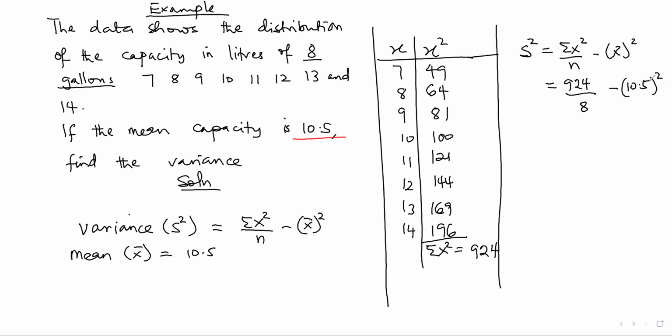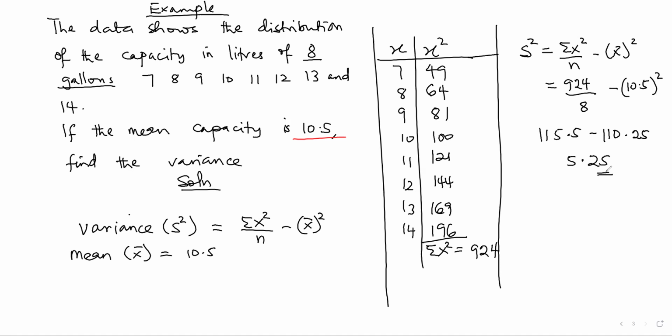So 924 divided by 8 gives us 115.5, minus 10.5 squared, which is 110.25. When you subtract, you get 5.25. So this is the variance.